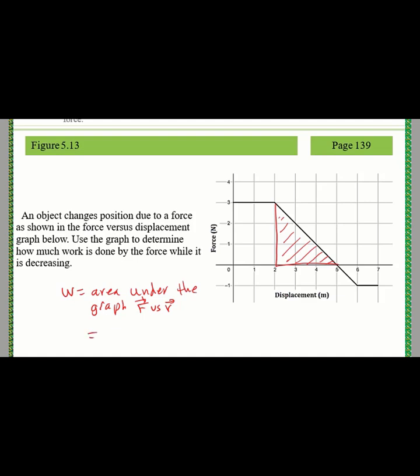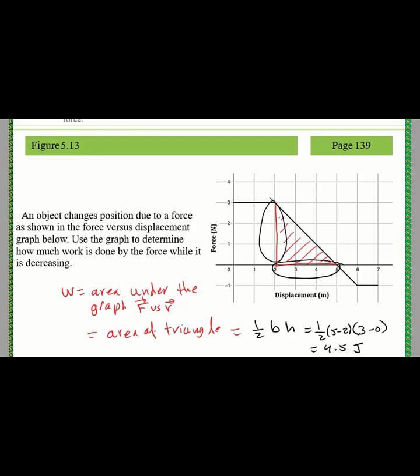It is the area of a triangle, which is 1/2 base times height. 1/2, this is the base from 5 to 2, 5 minus 2, and the height is this one from 3 to 0. So the answer is 4.5 joules.